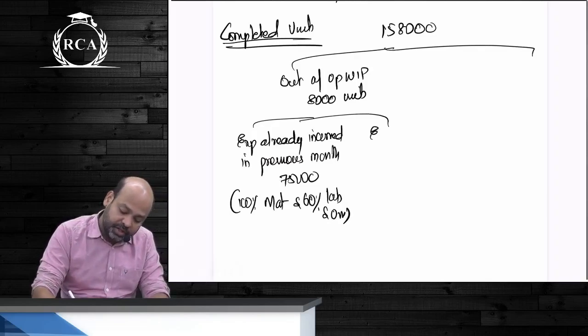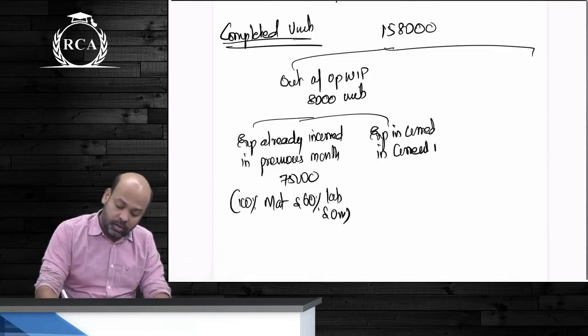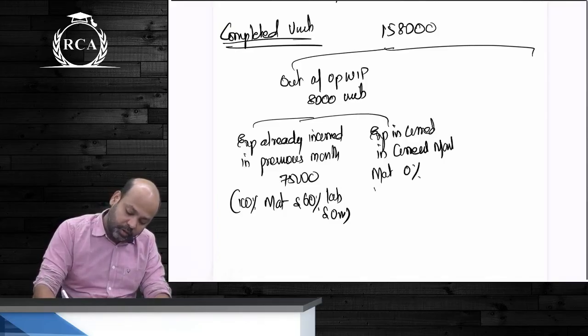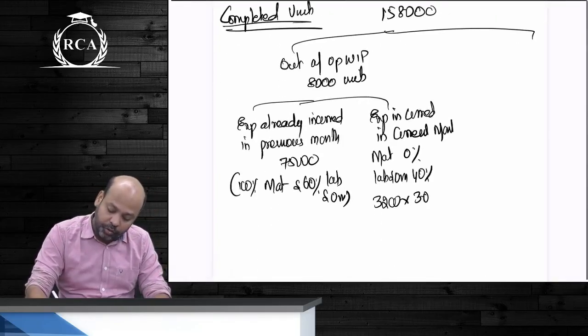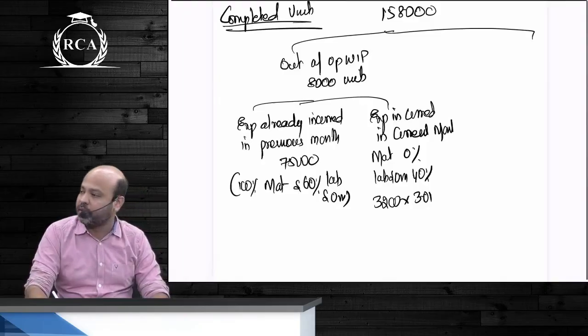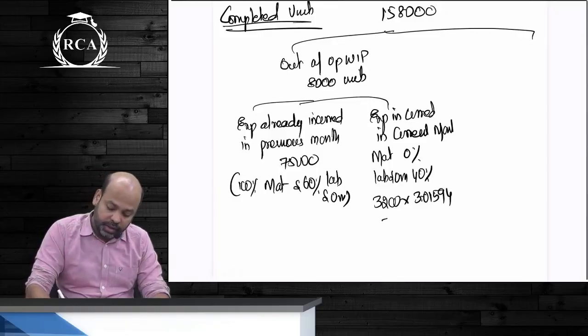What is the expenditure incurred in current month on this opening work in progress? It will be material 0%, labor and overheads 40%. So you will write 3,200 into 3.0159. All of you took 3.0159 only, or did you take 4 also? Took 4 also. How much is this?